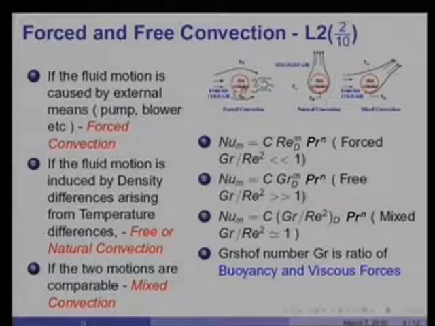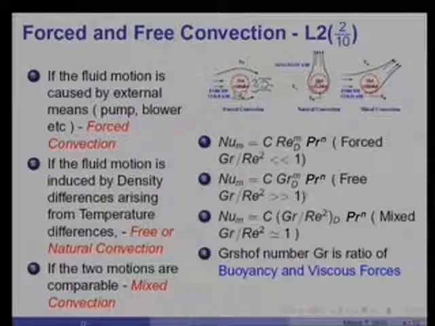In this case, the temperature differences are such that density differences due to temperature differences induce very little or no motion at all. The entire motion is really driven only by the power provided by the pump or a blower, as the case may be. Such a situation we call heat transfer by forced convection.